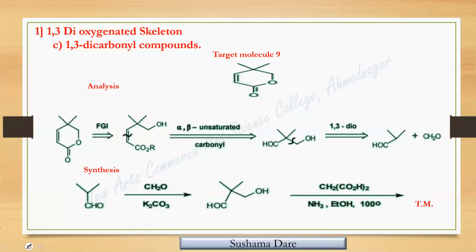Now in this example, how many different functional groups are there? One double bond is there, one carbonyl group is there, and one carbon-oxygen group, that is a carbon heteroatom linkage. So these are the different functional groups: a double bond, a carbonyl group and carbon-oxygen. Among all these possibilities, always remember whenever a carbon heteroatom linkage is there, first try to disconnect that carbon heteroatom bond, always in the direction of oxygen.